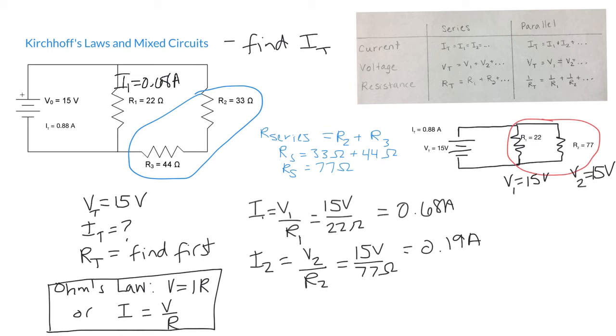And the current going through the second resistor that we combined, and that is 0.19. Because the current for this whole loop has to be the same, the current going through this resistor will also be 0.19.